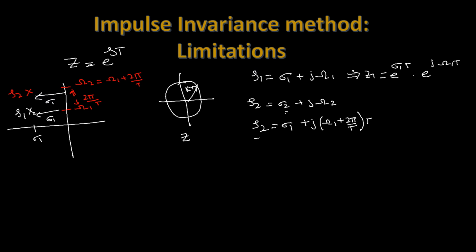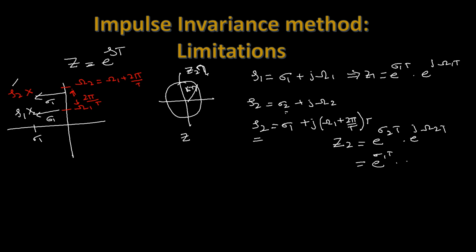Then if S2 is defined like this, you want to know where the location of S2 is in your Z plane, right? The corresponding Z2, due to the mapping of S2, is e power sigma 2 t into e power j omega 2 t. So e power sigma 2 t is e power sigma 1 t.